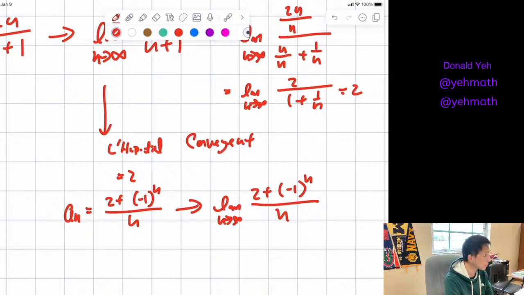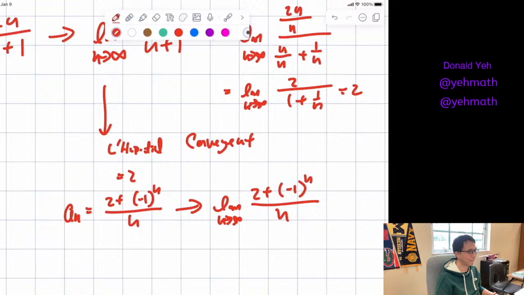What do you think this one is? Does it converge? It's going to oscillate, but reduce. It will converge to 0.